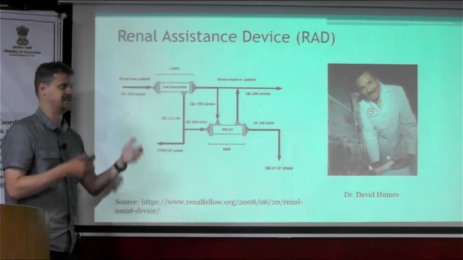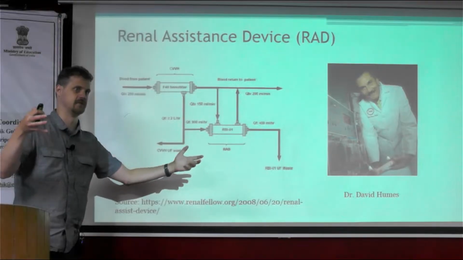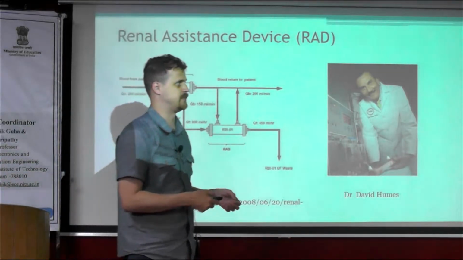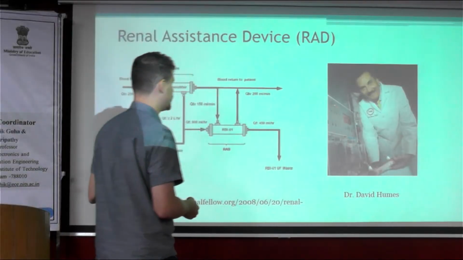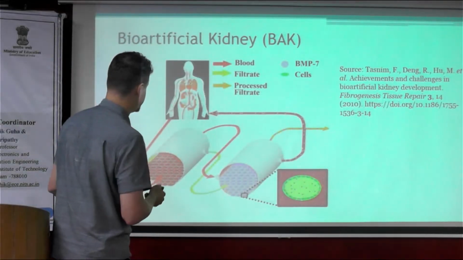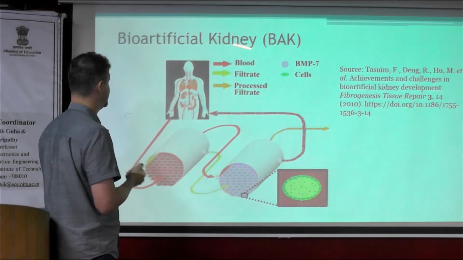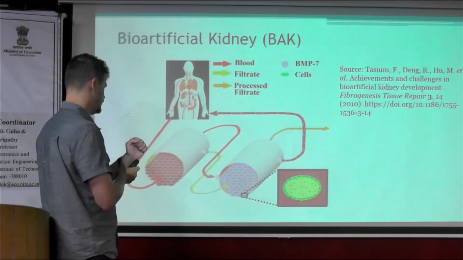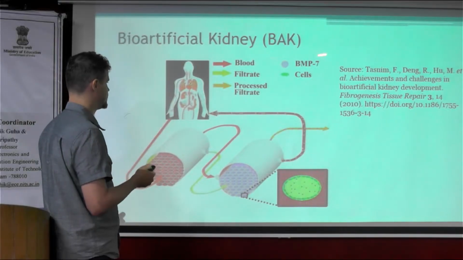It's an attempt to combine biotechnology and artificial technologies that help us imitate the work of the natural nephron. That became a new way to develop a new type of bioartificial kidneys.